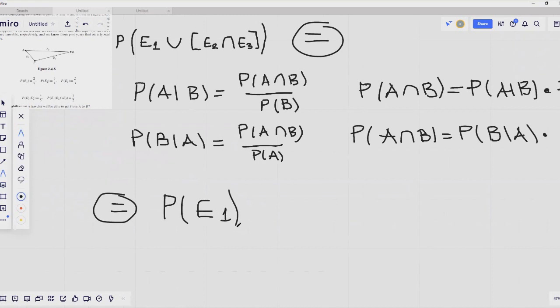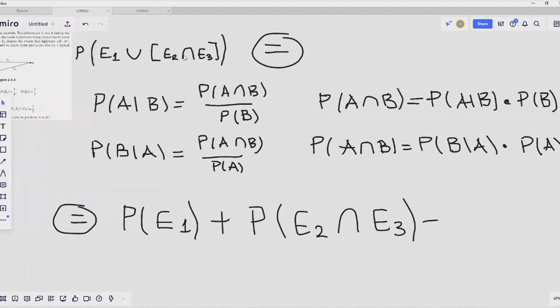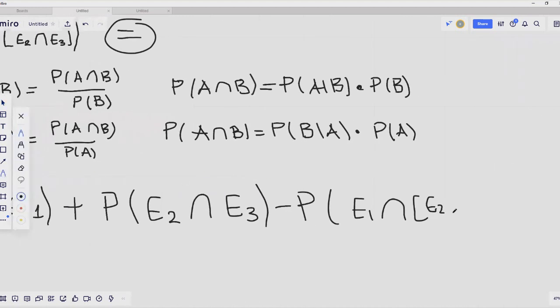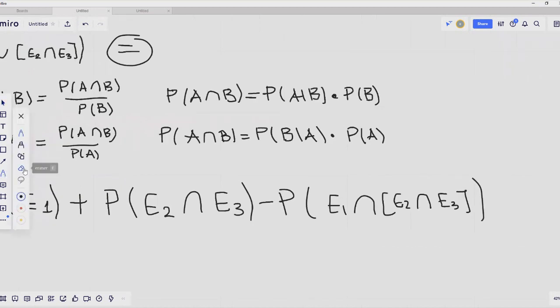Probability of E1 plus the probability of E2 intersection with E3 minus the probability of the intersection of these two events, minus the probability of E1 intersection with E2 intersection with E3. You can actually remove these brackets here. It will make no difference.